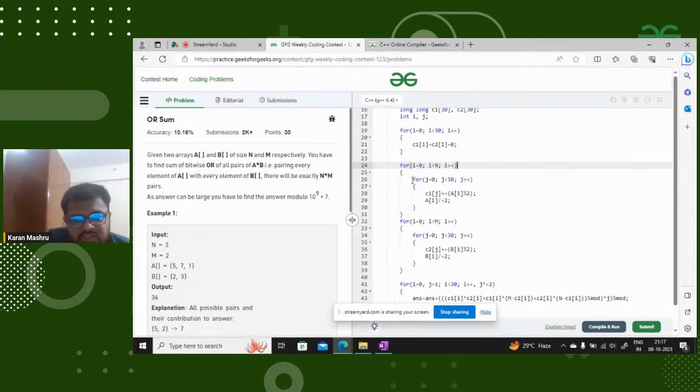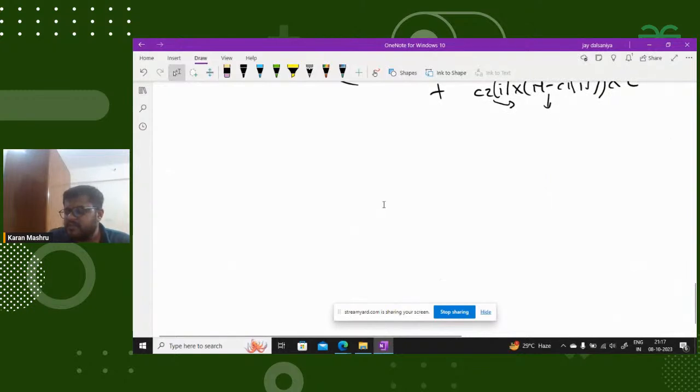Okay, so J will run from 0 to 30, and C1 of J plus equals A of I modulo 2. And at each step, I'll divide A by 2. So basically what I'm doing is, suppose my ith element is, let's say 13. So what is 13?